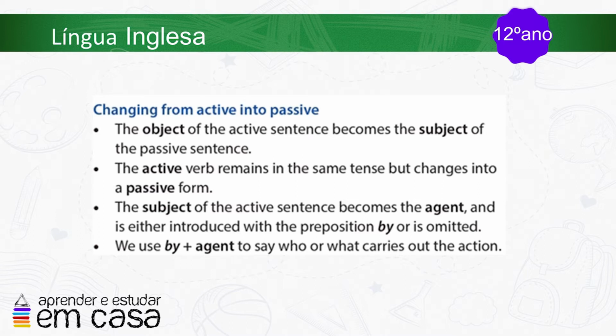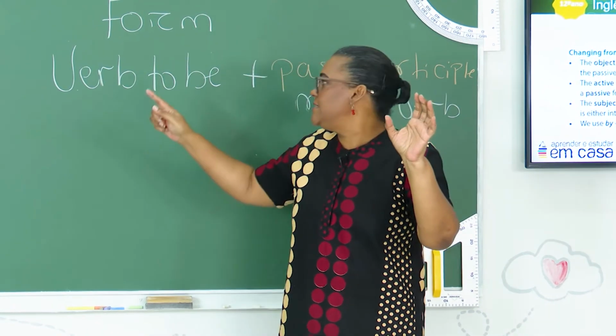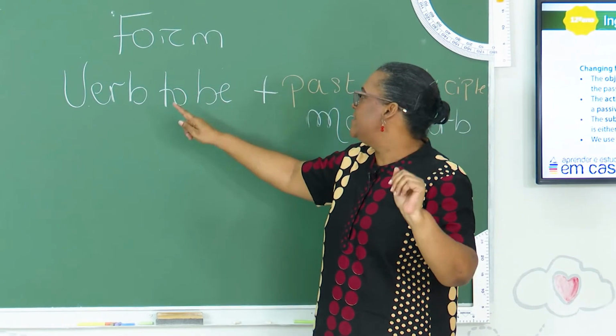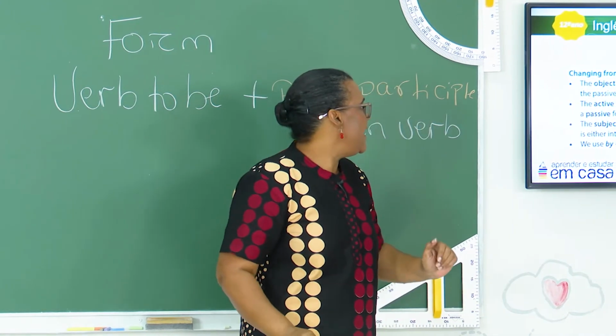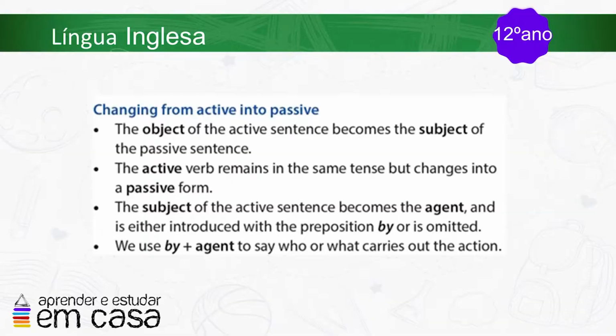It doesn't change the tense, but changes into a passive form. What is a passive form? It's the one I've told you here: verb to be plus past participle, okay? So the subject of the active sentence becomes either the agent or it simply disappears.